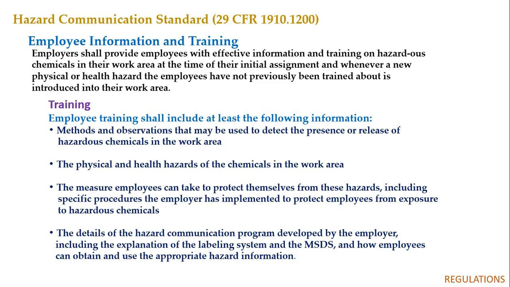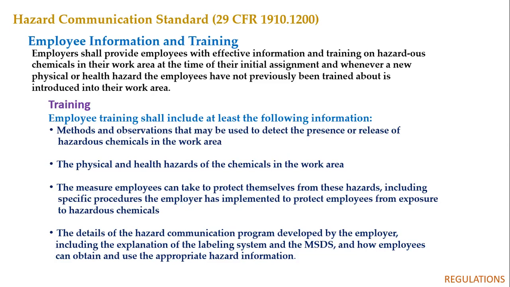So the synopsis is that there should be a method to detect the presence or release of a hazardous chemical, and there should be training on this. Then the chemicals that are being used in the work area, their physical and health hazard information. The training should be there about this, and the methods of protection that the employer has implemented in their workplace to protect its employees.